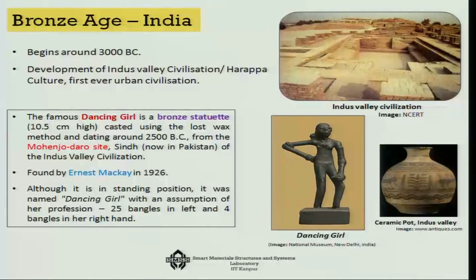And here, for example, one of the very beautiful pieces of evidence of the Bronze Age civilization is the dancing girl. In the National Museum Delhi, you will find this small piece of bronze, which is made using something called the lost wax method.